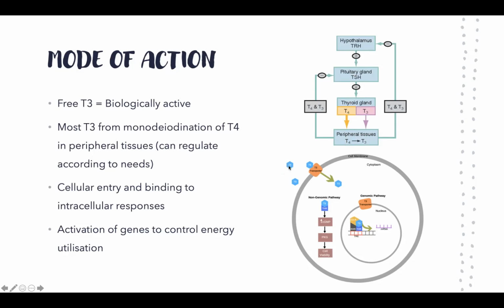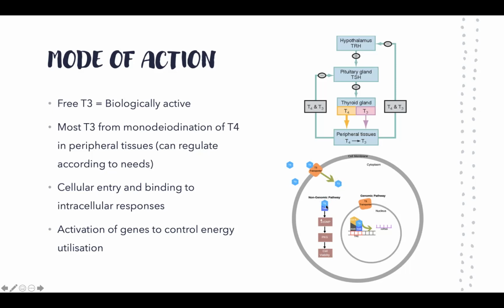Now, once this T3 approaches a cell, how does it actually work? Well, first it binds to a receptor and enters the cell. There are two pathways it can go, the genomic pathway and the non-genomic pathway.